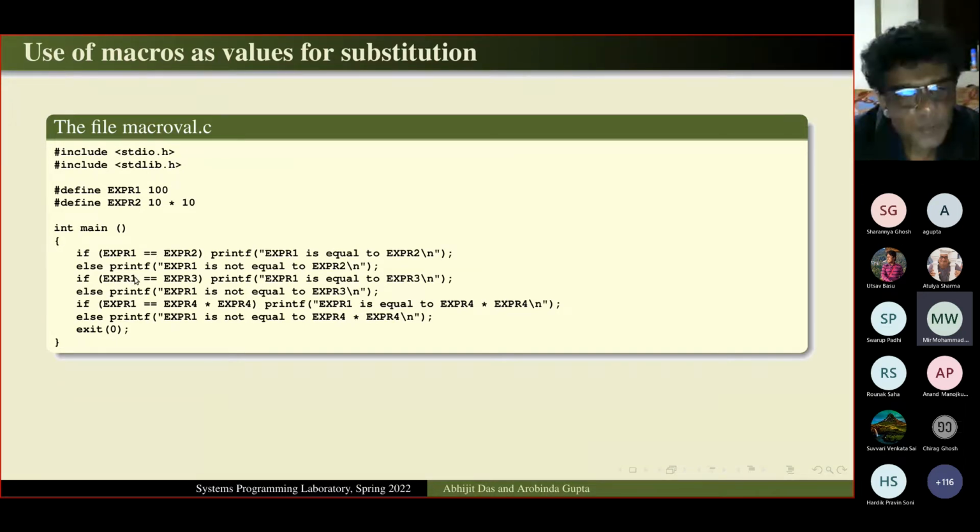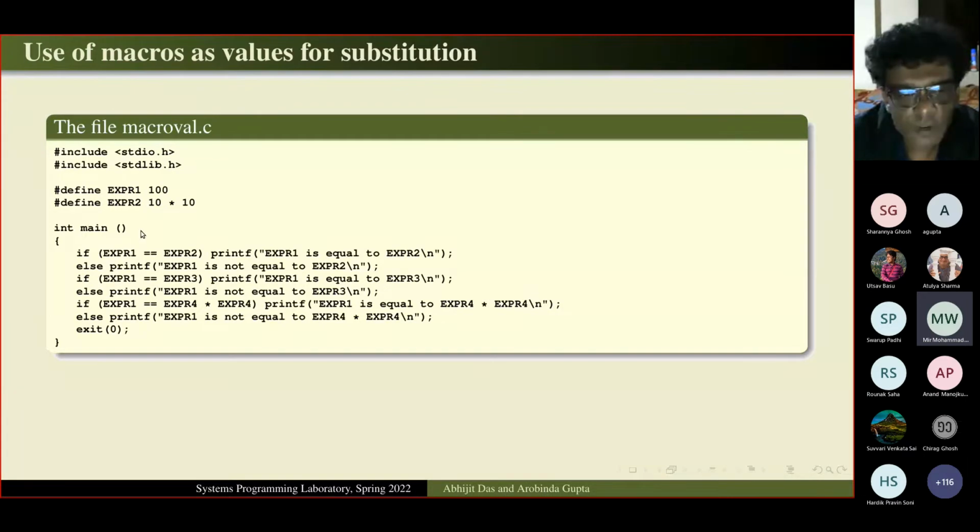And then I look at whether expression 1 is equal to expression 3. Then I say this thing, and something about expression 4, I will say is equal to. But you see that in this function, expression 3 and expression 4 are not defined.